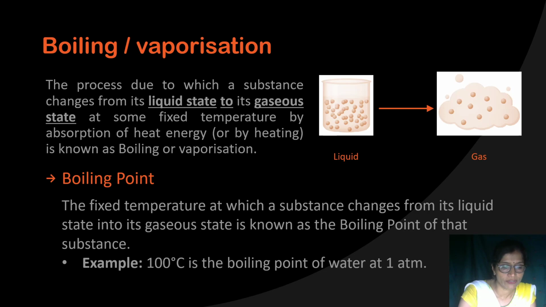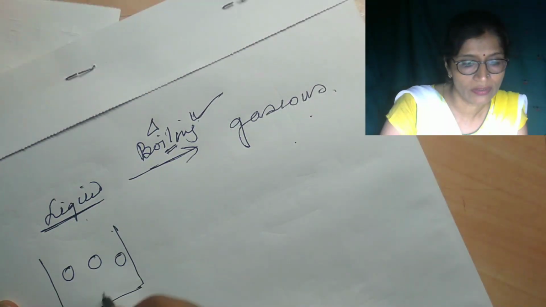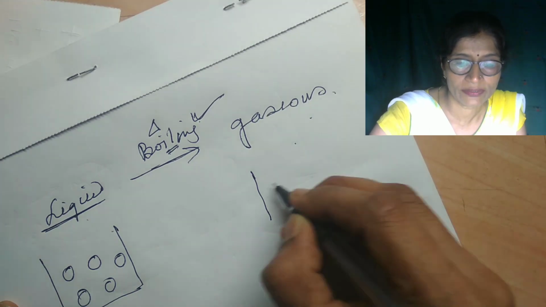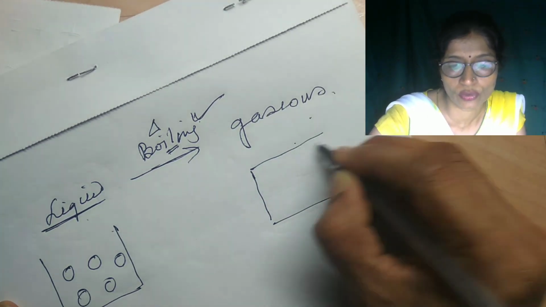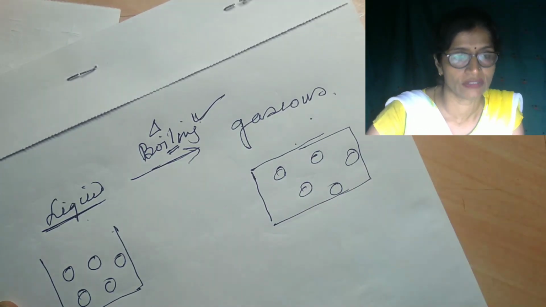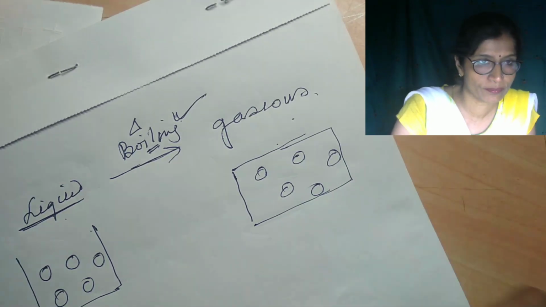According to kinetic molecular theory, within the liquid the particles are a little bit far apart. But in gaseous state, the particles are too far from each other. The distance between the particles is too much.